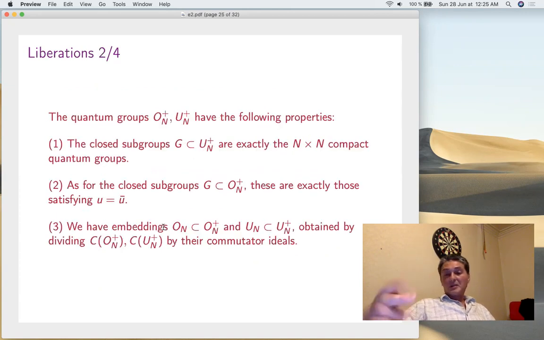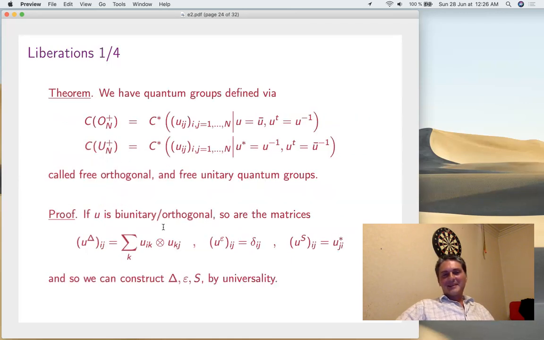Now, let's see a bit what are the properties of these quantum groups. So, first of all, UN plus, it's exactly the biggest one, okay? Just as in the classical case, UN is the biggest among its subgroups. Here it's the same. So, why is this true?